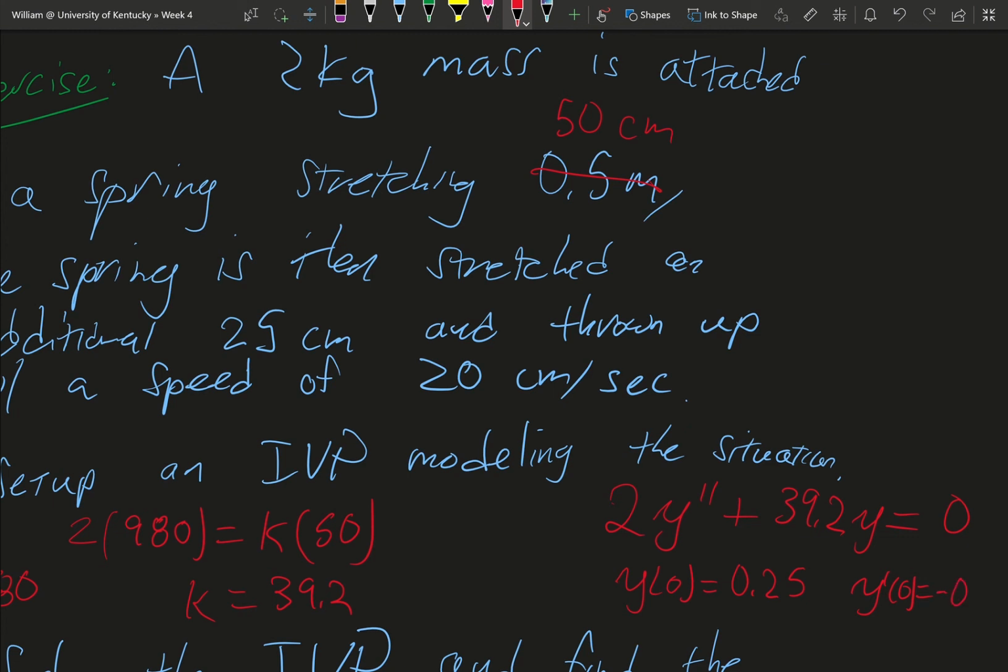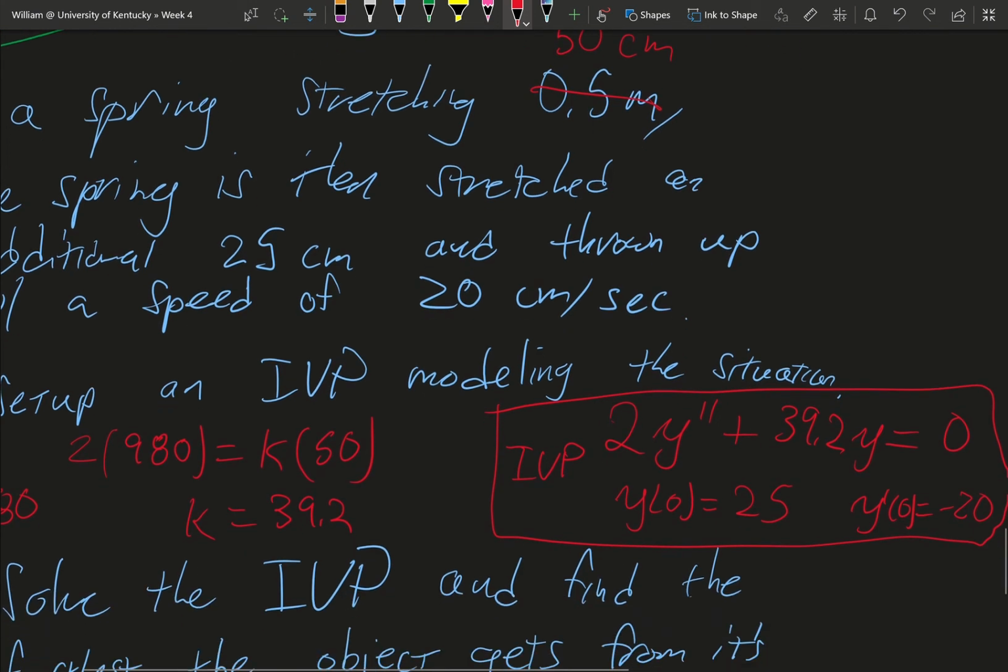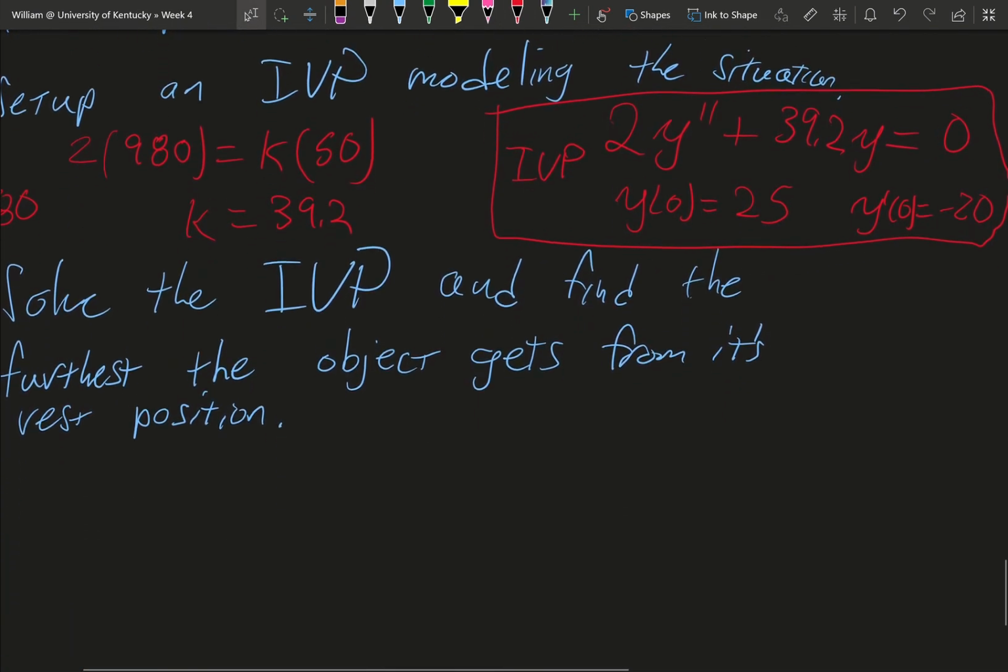Oh wait, if I'm converting it to centimeters, it should be 25, and negative 20. That would be our answer for part A.